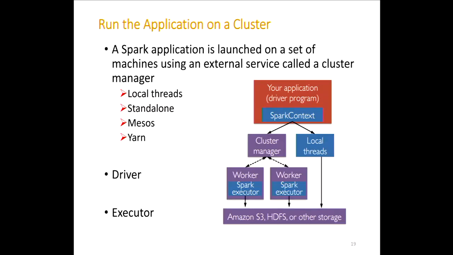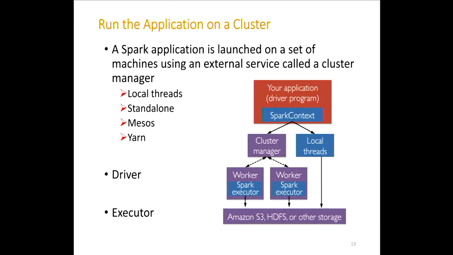Once again, one worker can have more than one executor, and one executor can only do one thing at a time. You can consider a worker a machine, and this is a different machine. They have executors internally.